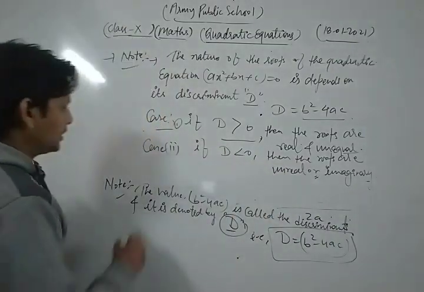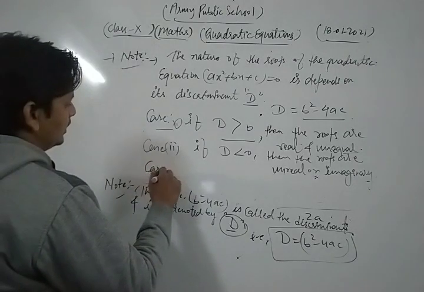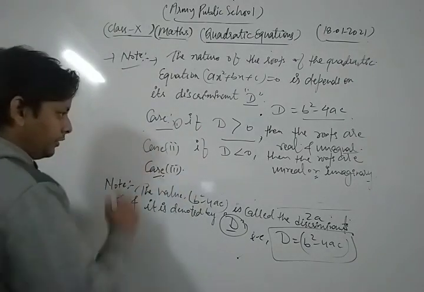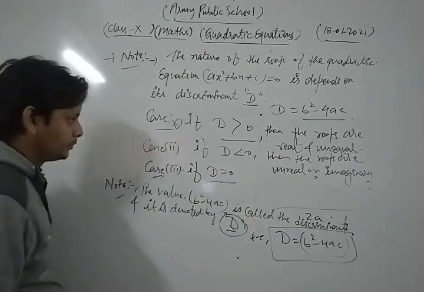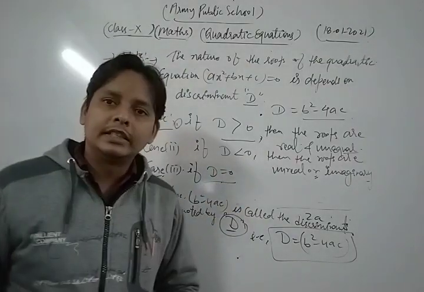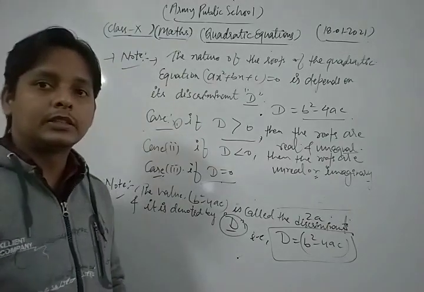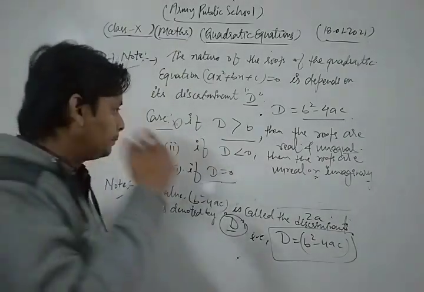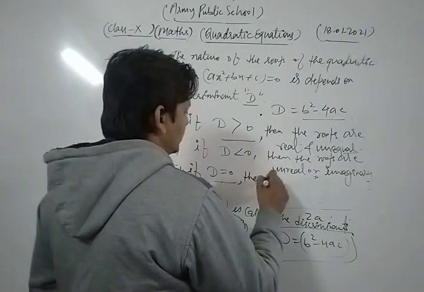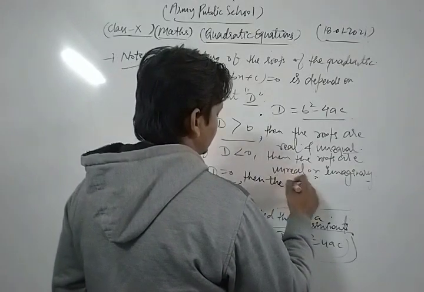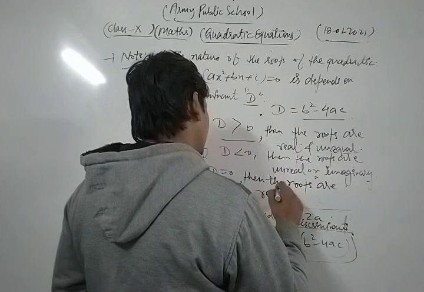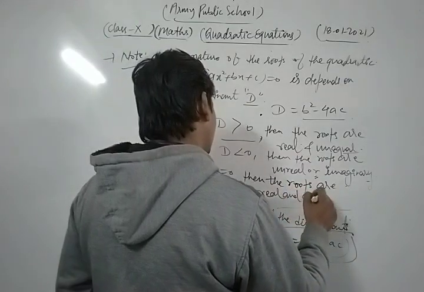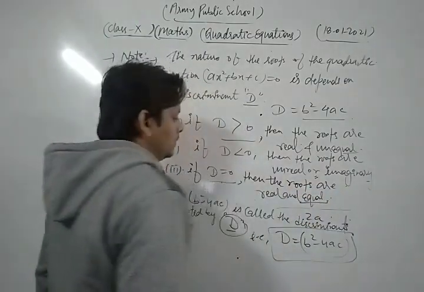Okay, and the last and very important condition. Case third, if D is equal to 0. Okay, dear friends, if the value of the discriminant is equal to 0, then the roots are real and equal.